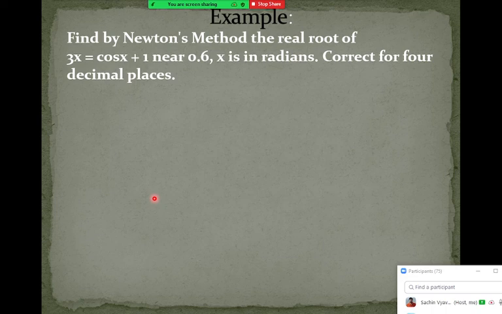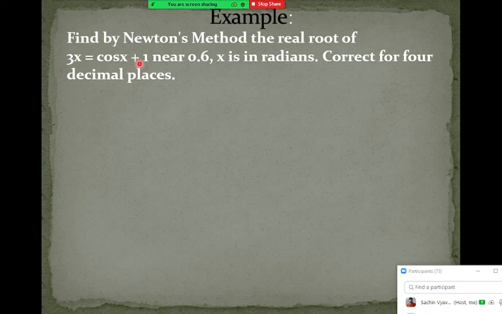That means x0 is given. So there is no need to calculate that interval AB, where f of A and f of B are positive and negative. Directly we are given that we have to find the root which is near 0.6. So we take that as x0. x0 is 0.6. Another important thing from this equation.